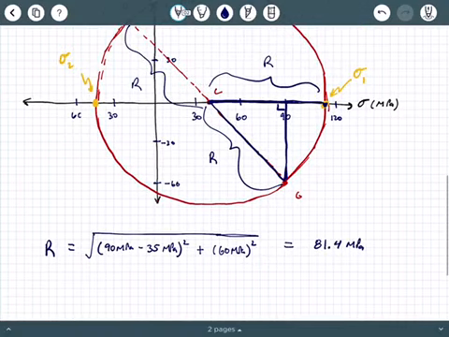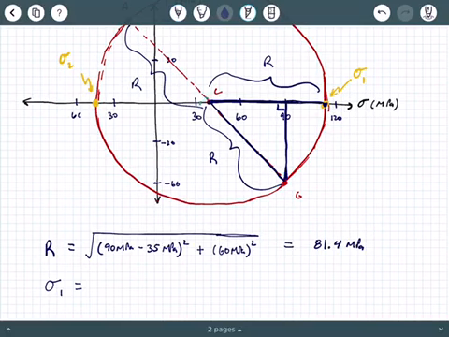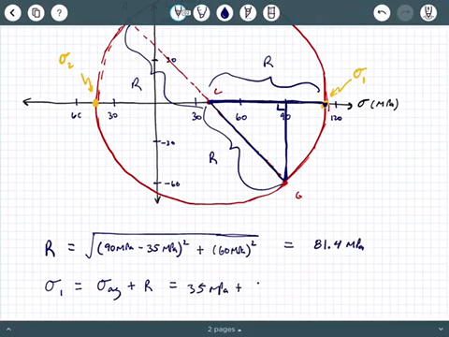Now remember, it's a circle. Radius is constant as you spin around this circle, which means that where else do we have a radius? Well, from the center all the way to our sigma 1, that is the same radius value, isn't it? So we can easily find sigma 1: it's the center coordinate plus the radius.